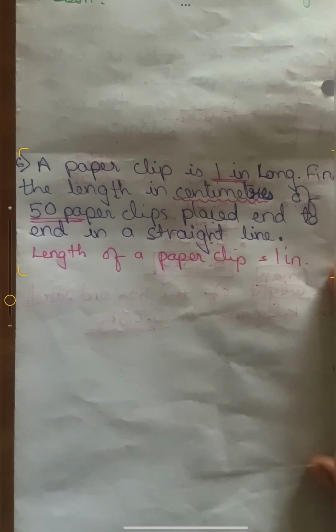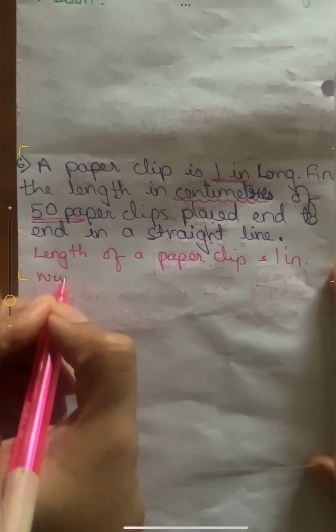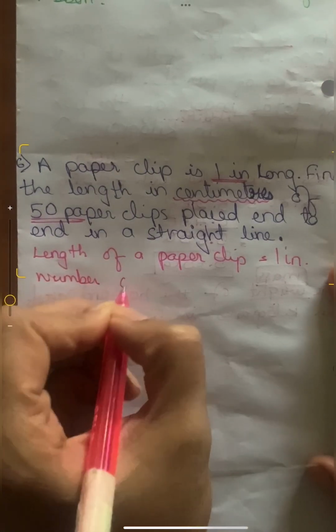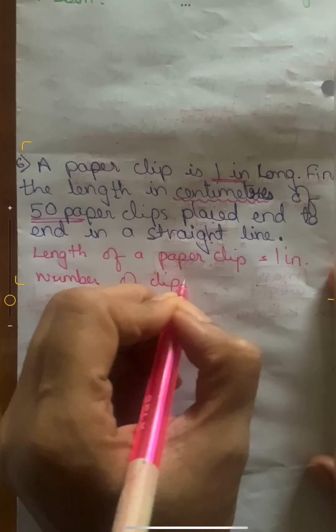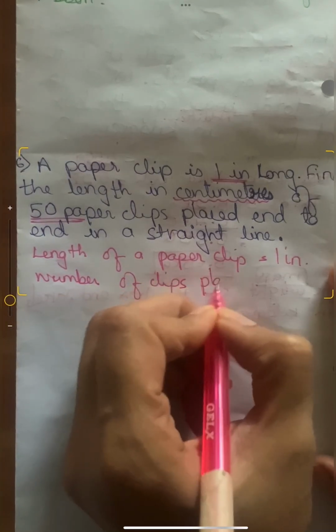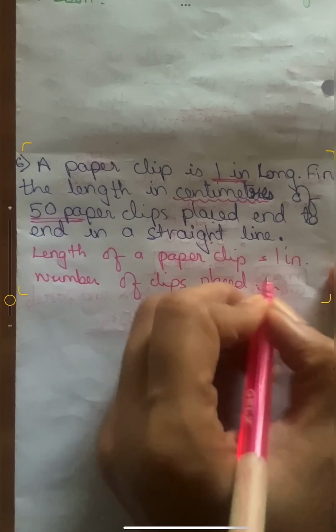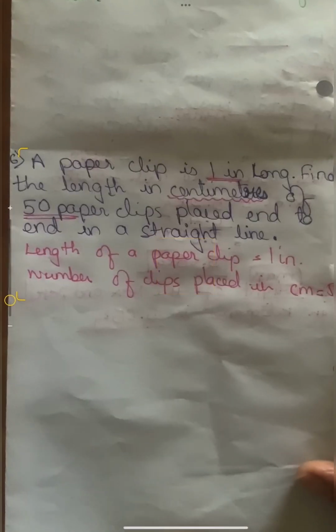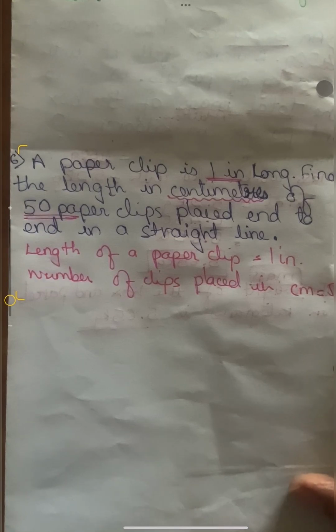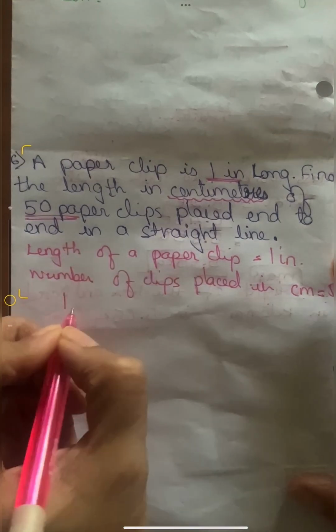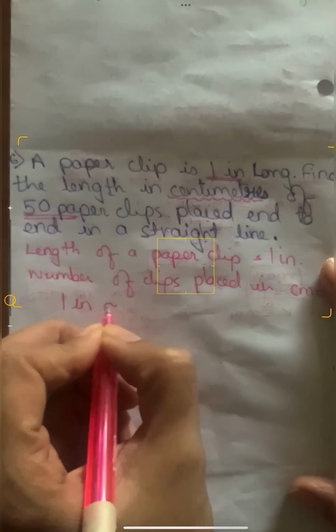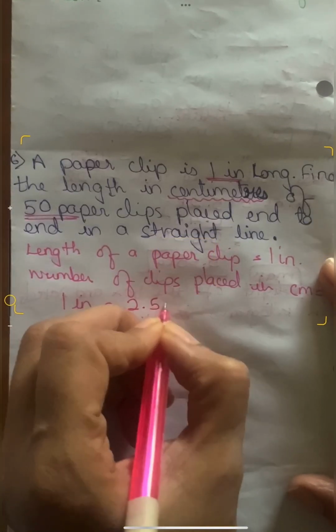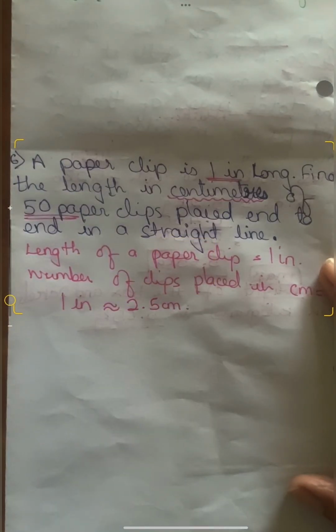Number of clips placed, in centimeters. How many do we have? 50. Now, after this, we know our key that 1 inch is approximately 2.5 centimeters.